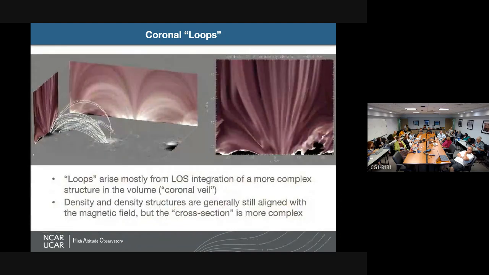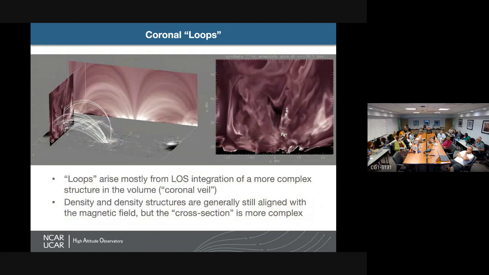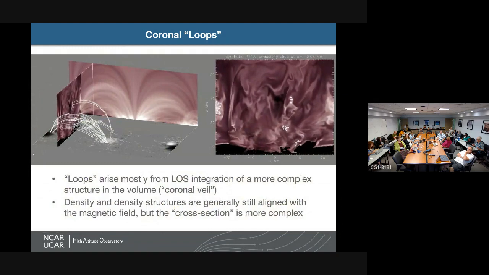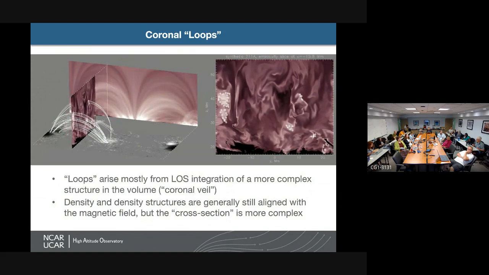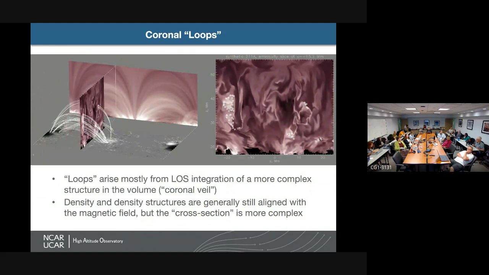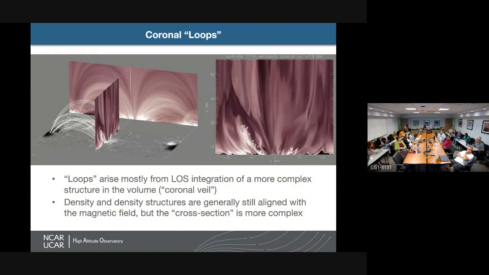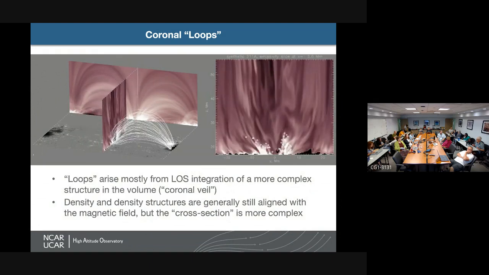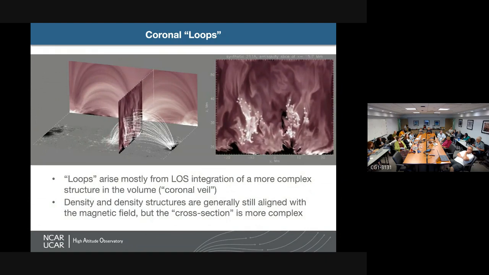And what she showed in her paper is that the underlying emission structure is not necessarily individual compact loops in the corona. It's a more complicated density structure, which in general is certainly aligned with the magnetic field, but the cross section is more complicated, and what really makes the loops you see are line of sight integration effects.